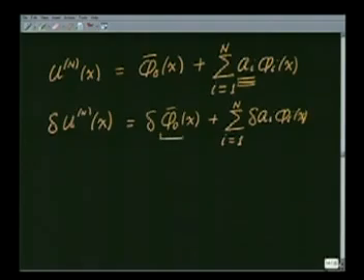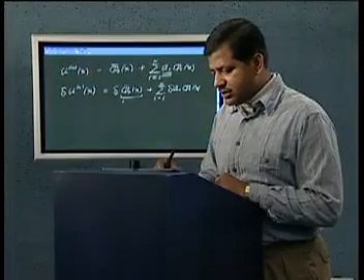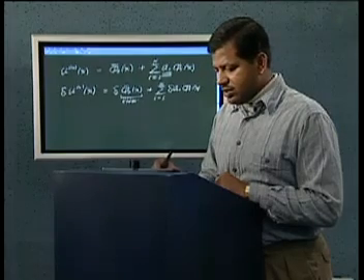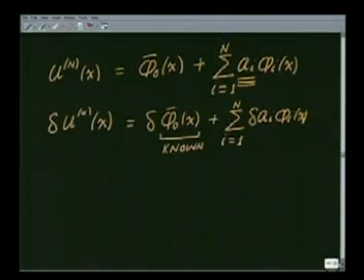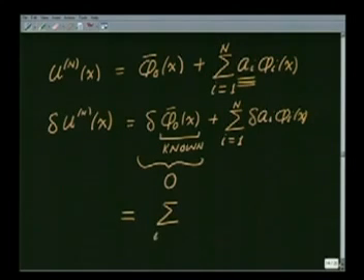Now this phi 0 of x is a known fixed function, that is, we know what it is. So the variation of phi 0 of x is 0. So what we'll end up getting is that the variation of un is nothing but summation from 1 to n of the variation of ai phi i of x.